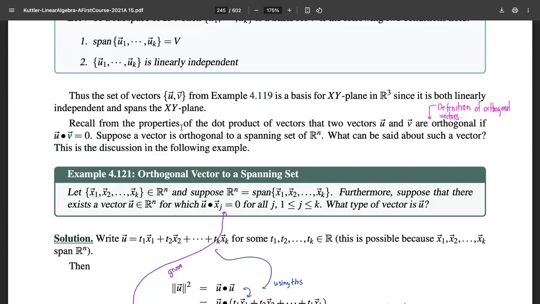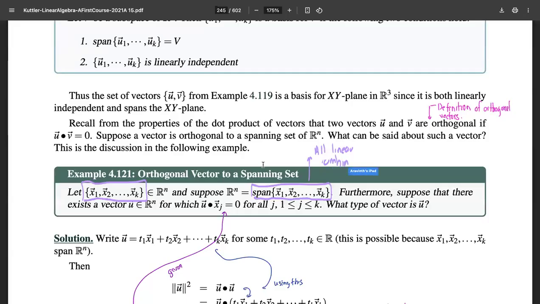And what happens if a vector is orthogonal to a spanning set of Rn? So let's say we have a set of vectors, and let's say we consider the span of that particular set. So all linear combinations of that set.